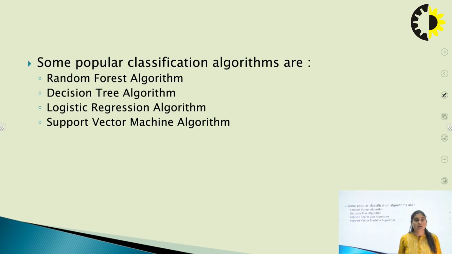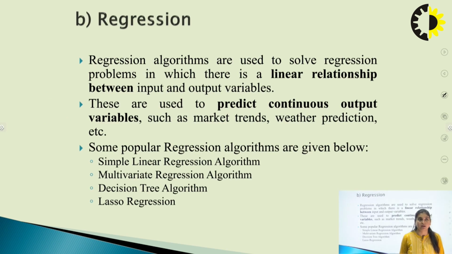And the next one is the SVM algorithm. There is also one more algorithm, SVR, which stands for support vector regression. That we use for the regression purpose, but primarily the support vector machine algorithm is used for classification. That is SVM.